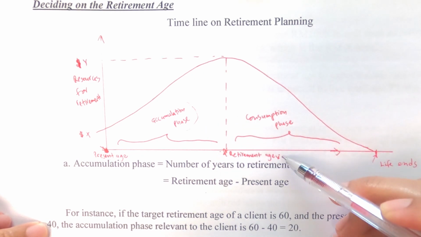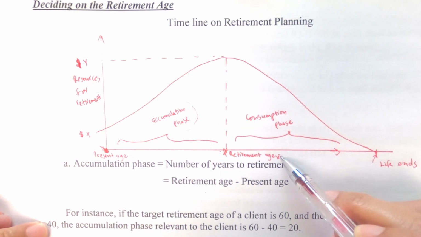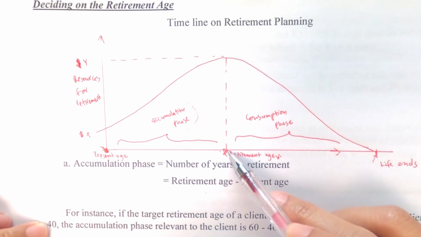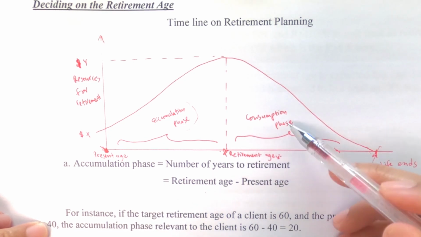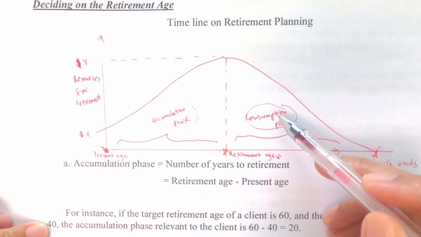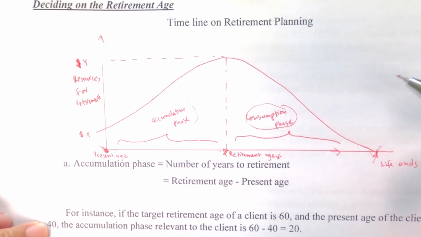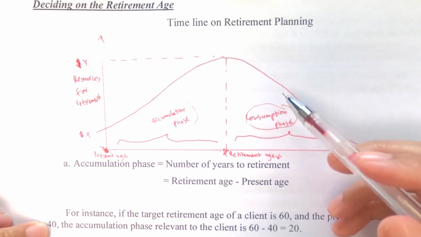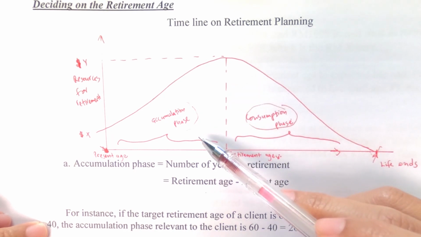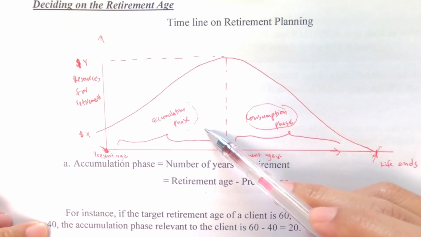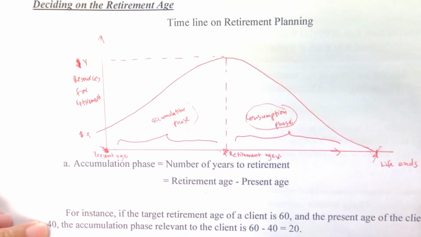Once the client reaches the retirement age, the difference between retirement age and the end of life is the consumption phase, where the client no longer has an active income and depends on the savings or resources accumulated during the accumulation phase.